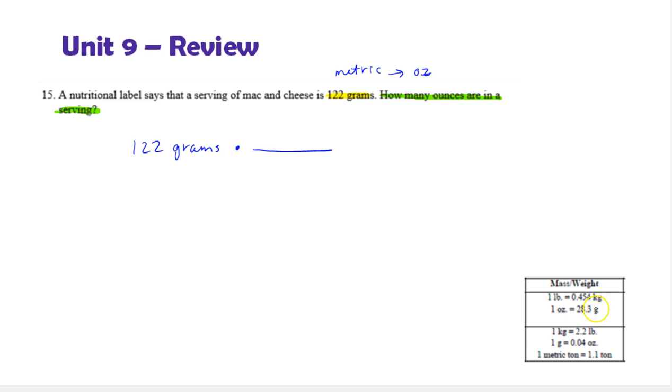1 ounce equals 28.3 grams. Let's highlight them. Or 1 gram equals 0.04 ounces. Just to change it up, I'm going to use this first one. So I want grams to cancel, so that's 28.3 on the bottom, and that's grams. And on top we have 1 ounce. So we will have to divide here, but hey, the calculator's doing it. Notice the grams cancel.